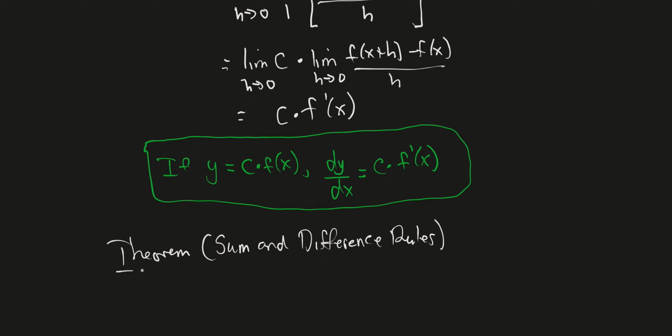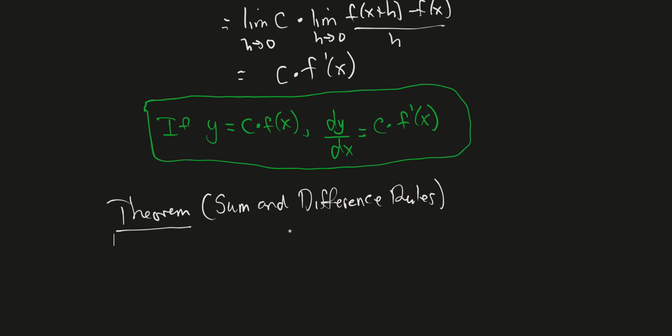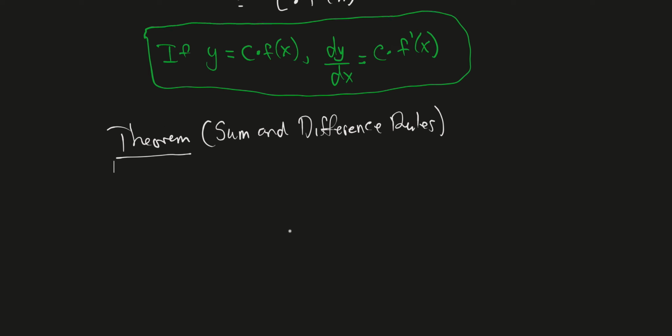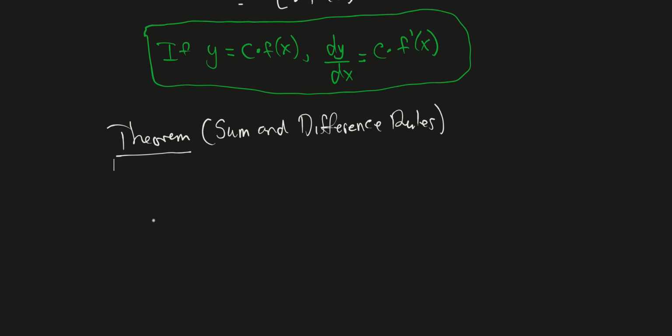So this is our theorem. I'm going to prove the sum part and just explain why the difference part is almost identical. Maybe I'll leave it as a little exercise for you to do on your own. And maybe you'll get some reward for doing it, because I'm just that kind of person.